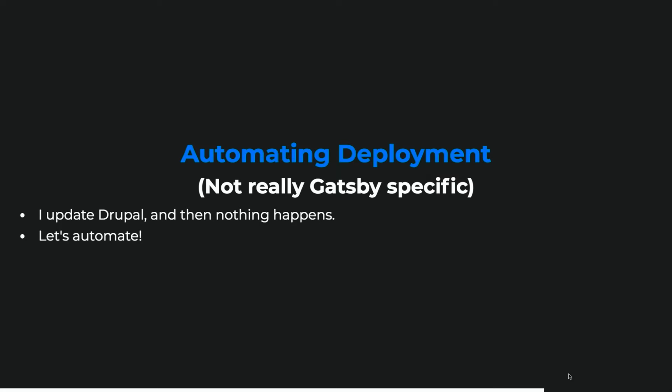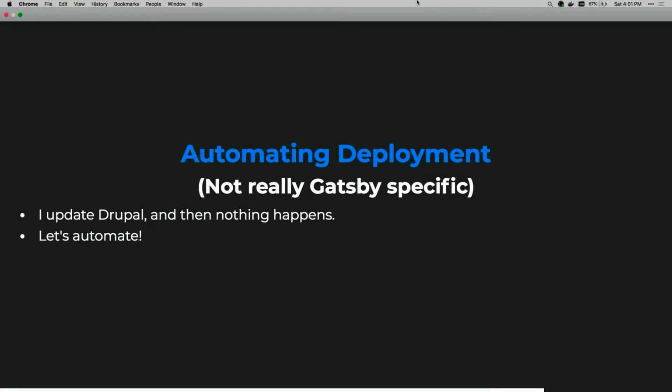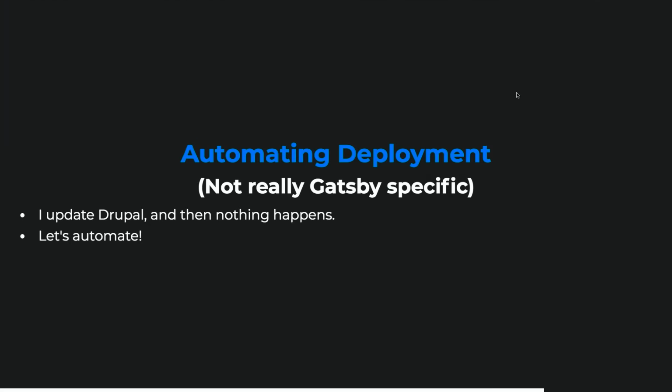So then another thing that is not really Gatsby specific in any way is deployment. So we have our Gatsby site that we can build, and it's pointing at Drupal, but when we update content in Drupal, nothing is going to happen. We have to manually run our build.